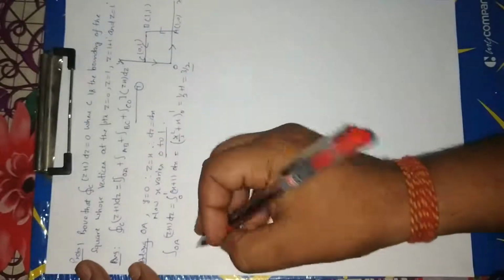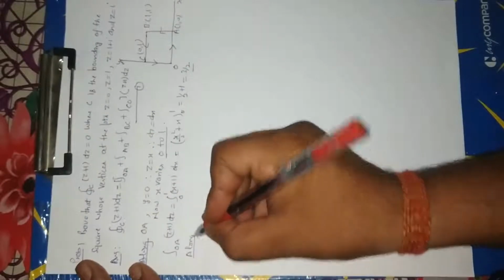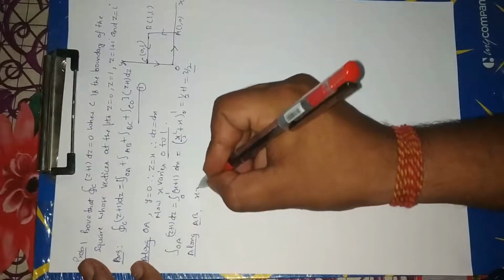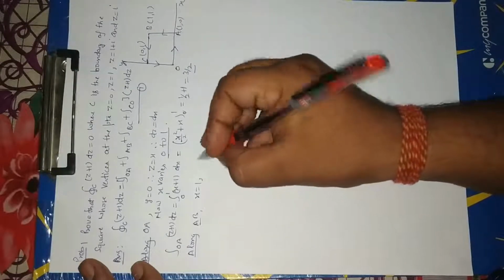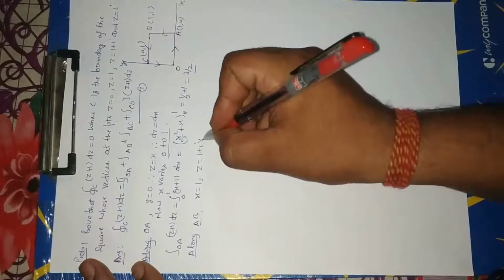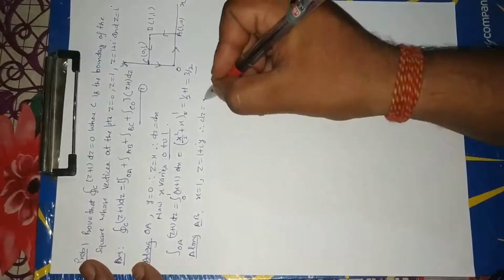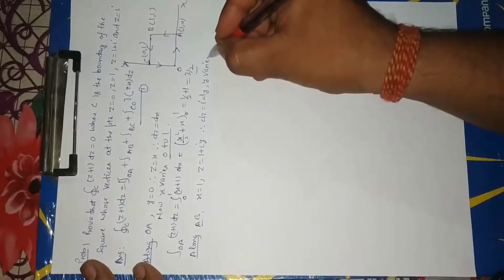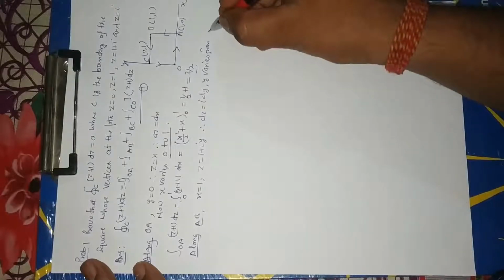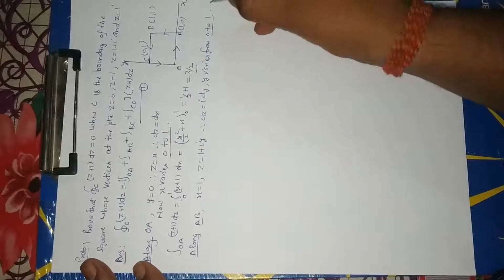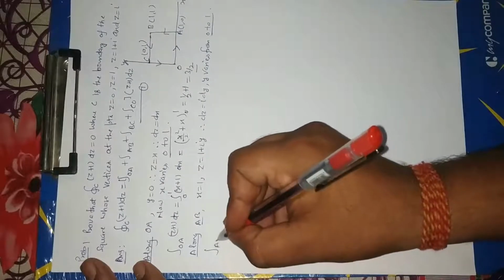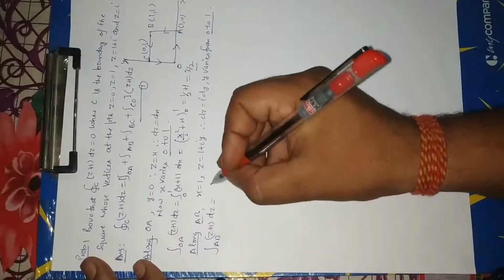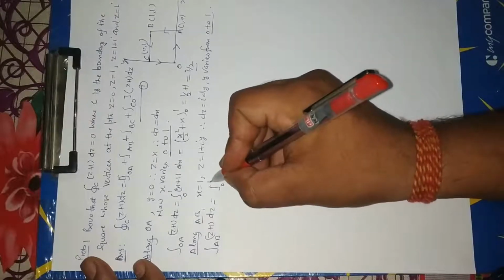Now the second integral along AB, the equation of AB is x is equal to 1. Now z is equal to 1 plus iy, that is dz is equal to i dy. Now y varies from 0 to 1, therefore the integration over contour AB of z plus 1 dz equals the integral from 0 to 1.